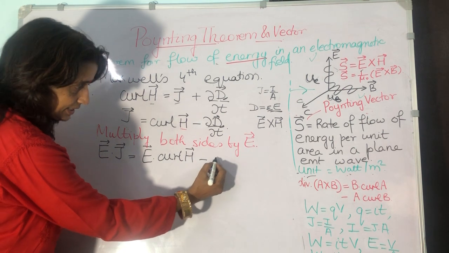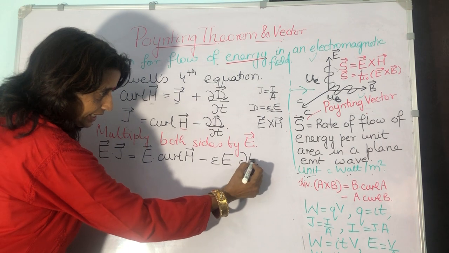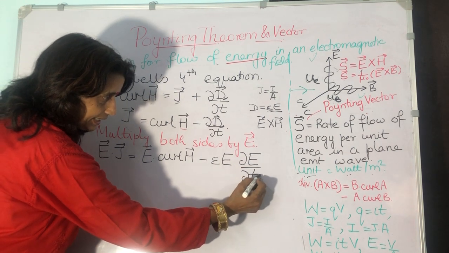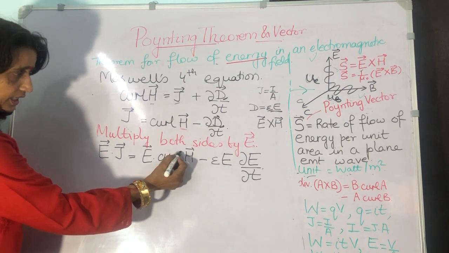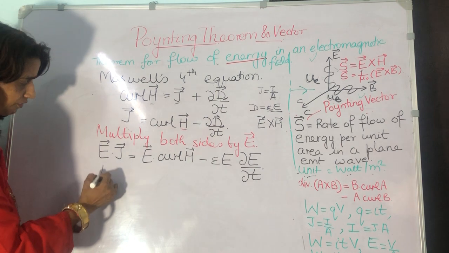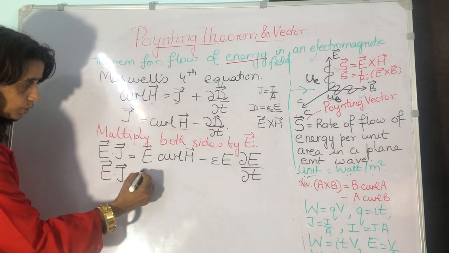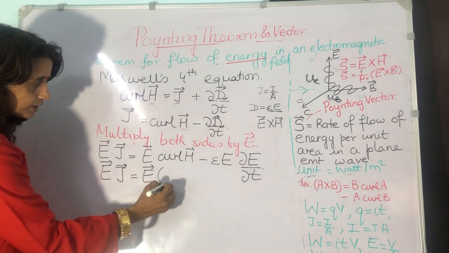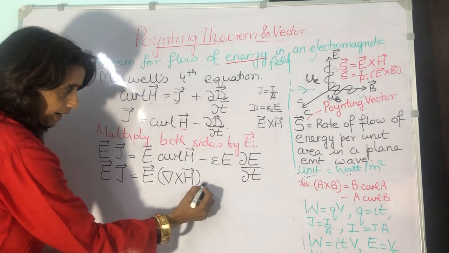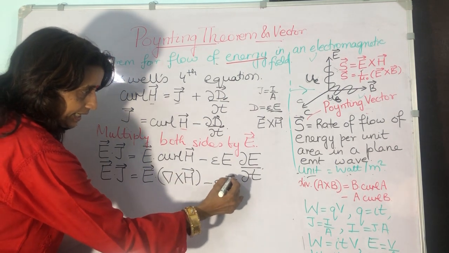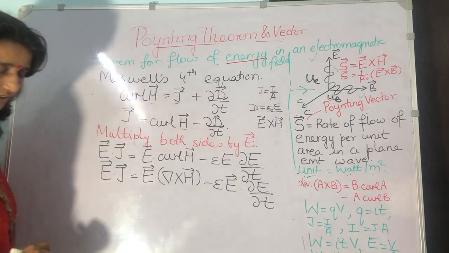So minus epsilon E dot del E by del T. E is just the electric field component, that is all. You can also write it in symbol form as E dot J is equal to E dot curl H minus epsilon E dot del E by del T, right?